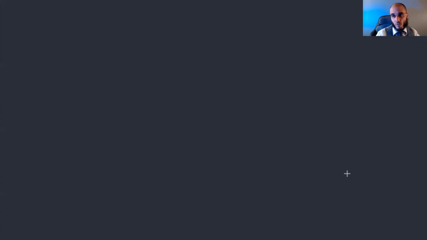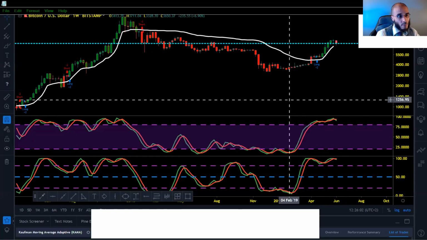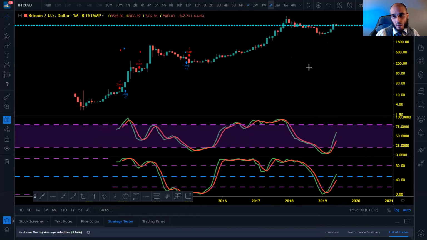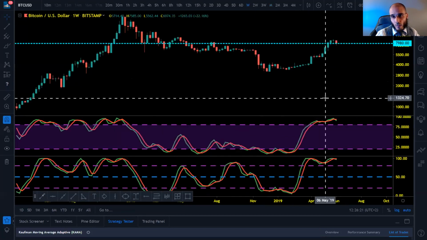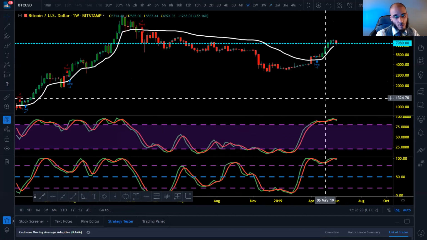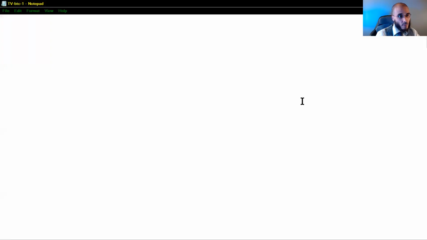Now we go to the Kaufman indicator, and my highest time frame is 1 month. 1 month is negative. Then we'll go down to the 1 week. 1 week is positive. Now we'll look at 1 day, and it's negative.